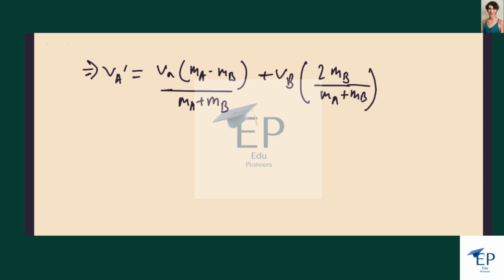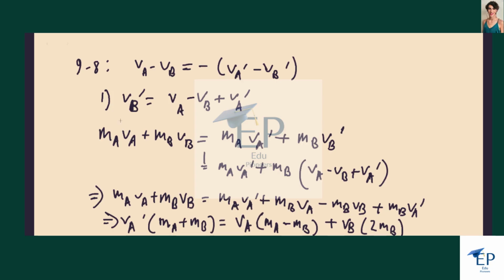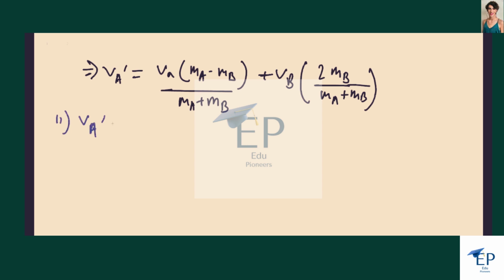Okay, using a different color to write out part 2. For the first part, we found an expression for VB prime. Now we're doing it for VA prime. So VA prime is just VB prime plus VB minus VA.